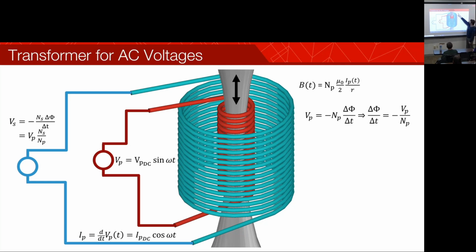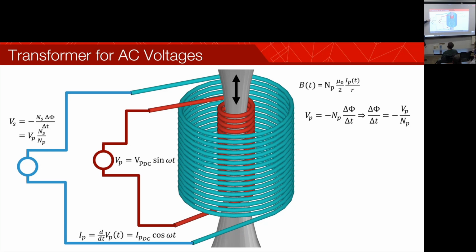This is the magnetic field, and we can multiply it by the area to get the magnetic flux. I'm going to hand wave through this a little bit because it's too deep for this class. But we can do some math that says the voltage in the secondary coil is equal to the voltage in the primary coil times the ratio of the number of turns in each of these coils.